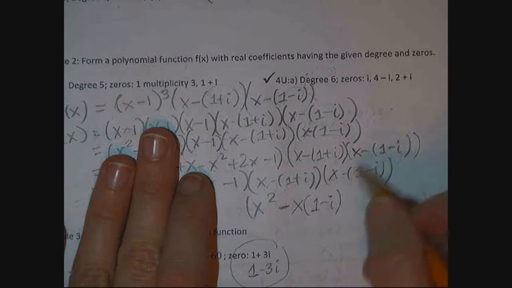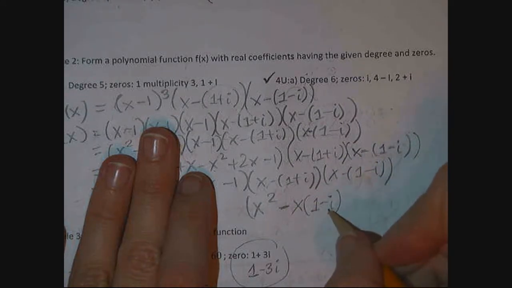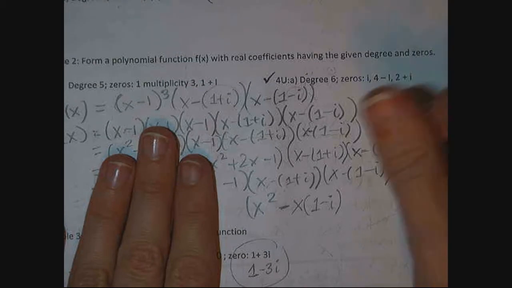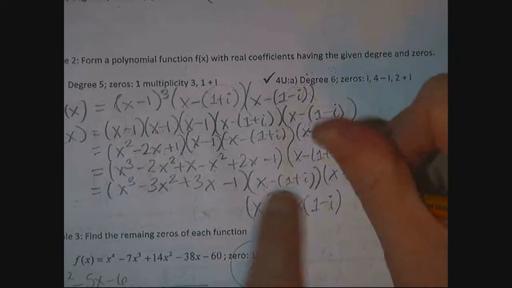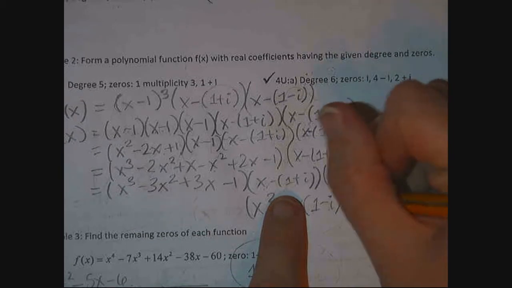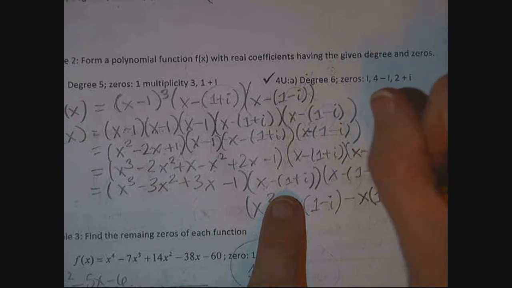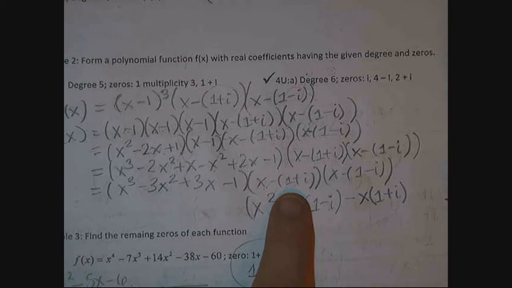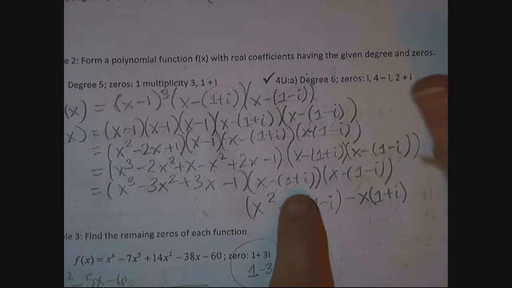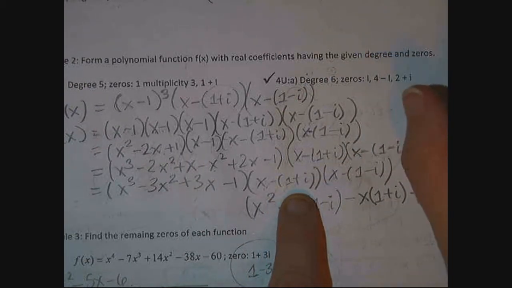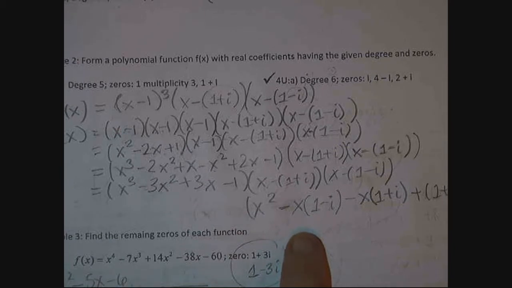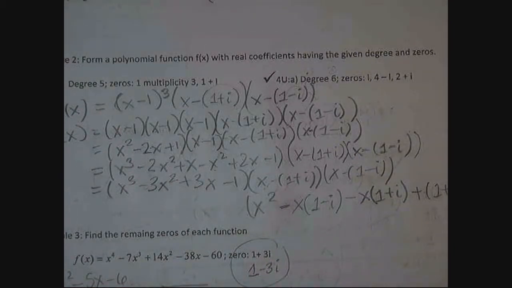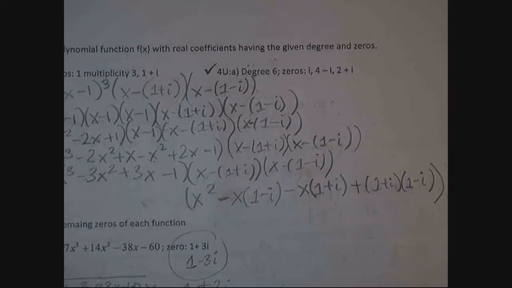So I'm just treating this like a number, like it's negative 2, which is 1 minus i. So first, outer, inner. Again, treating this like a number, so it should be negative x times 1 plus i. And then my lasts. So I have negative times a negative makes a positive, and then I have 1 plus i times 1 minus i. So all of that, I have FOILed it.